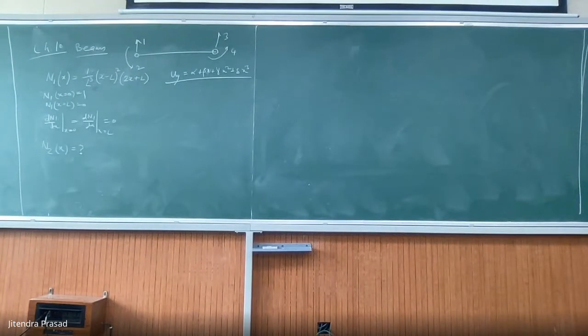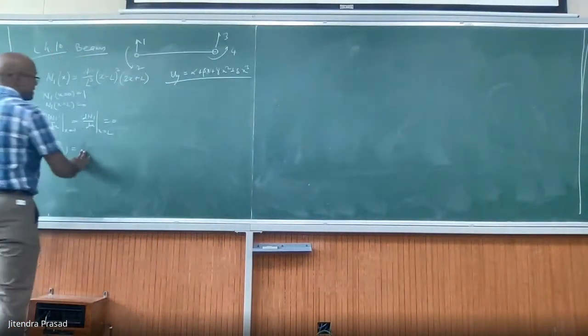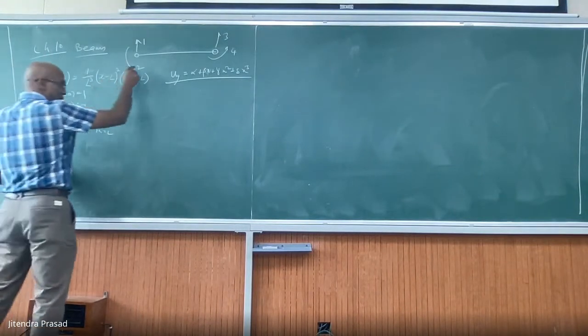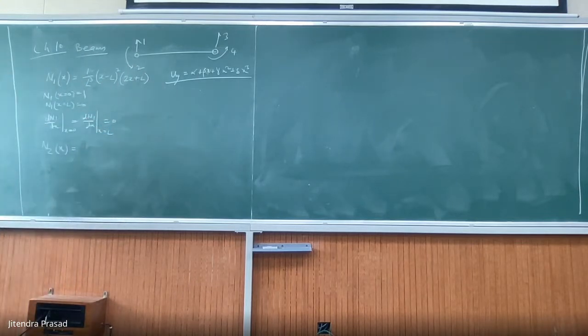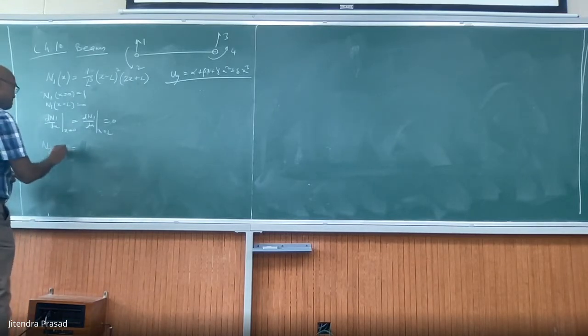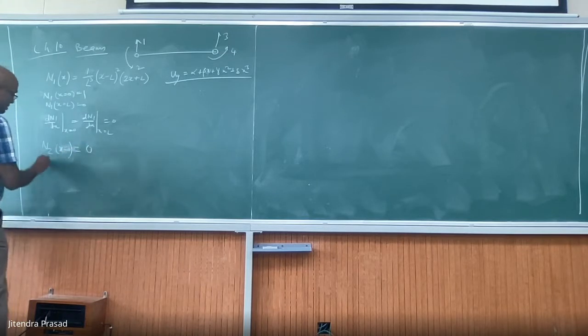So this cubic nature comes from these 4 shape functions, and hence this is also cubic. And you can guess now, N2 corresponds to degree of freedom number 2. That really means that N2 at x equal to 0 will be equal to 0, N2 at x equal to L is equal to 0.